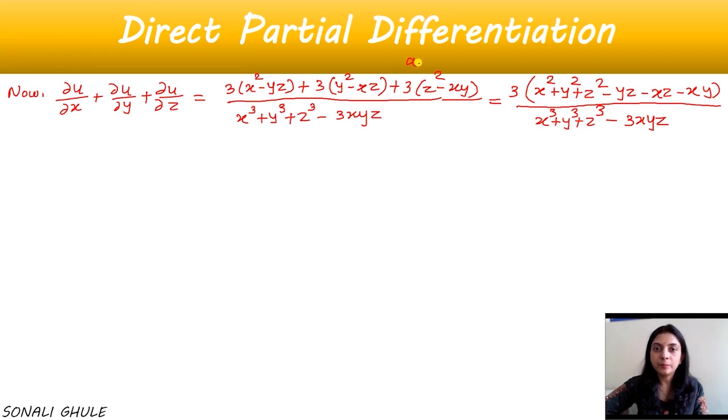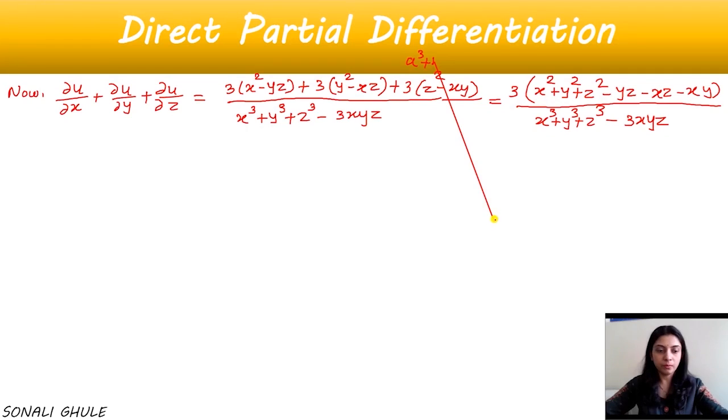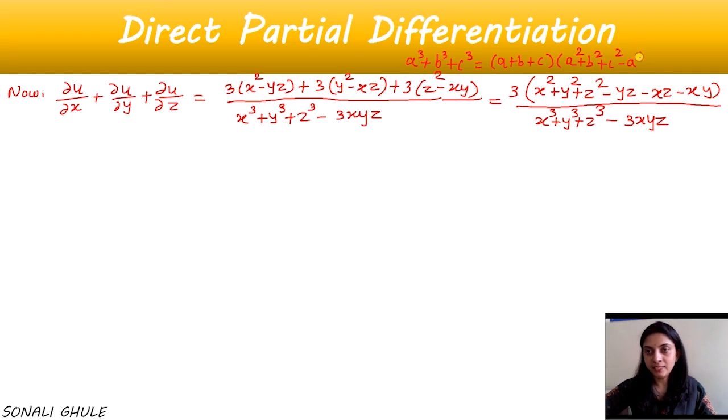If there is a cube plus b cube plus c cube, it is equal to a plus b plus c in bracket a square plus b square plus c square minus ab minus bc minus ac, plus 3abc. This is actually the result.